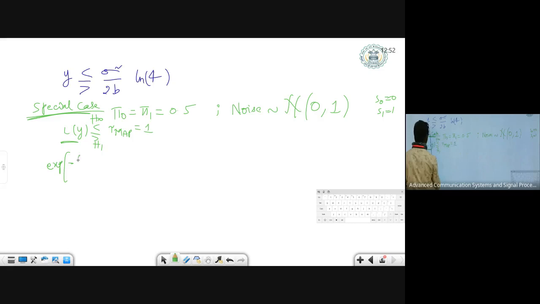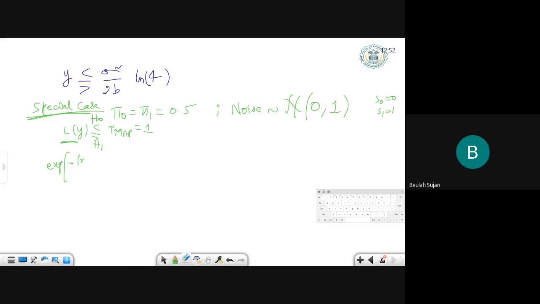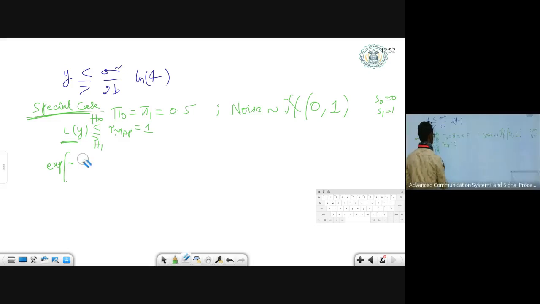Why does x always come to me? It's y minus mu whole square by 2 sigma square. So exponential of minus, and the minus will become plus, 1 by 2 and y square.